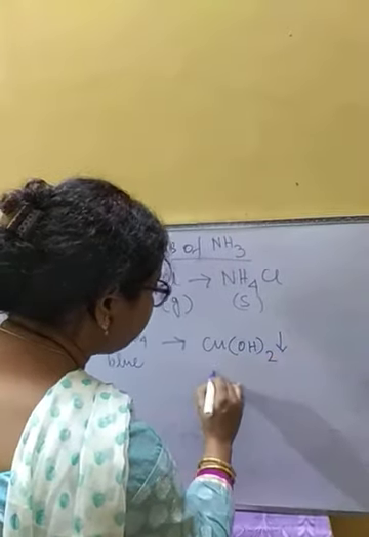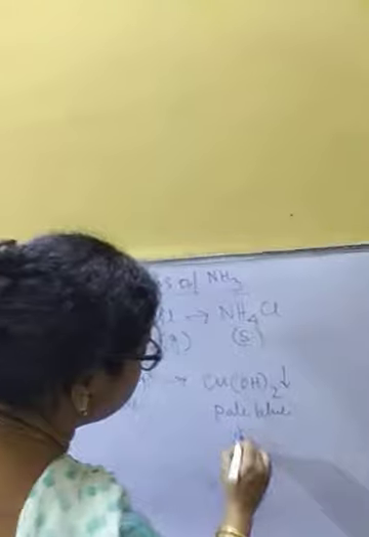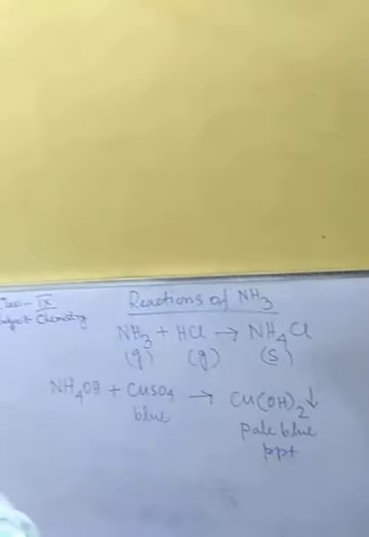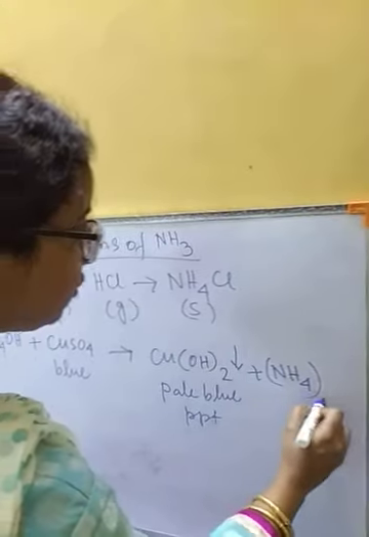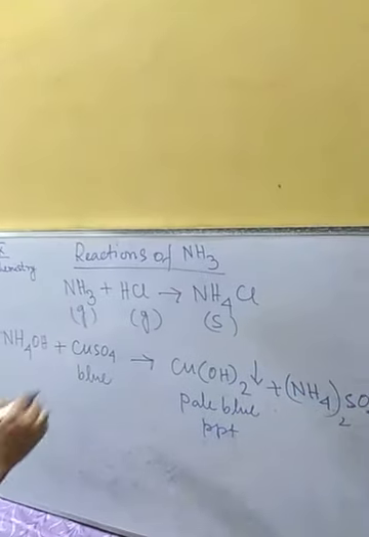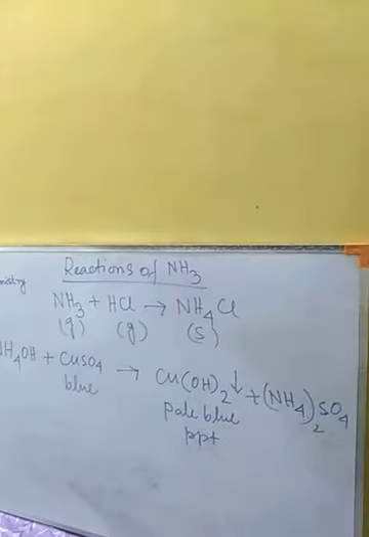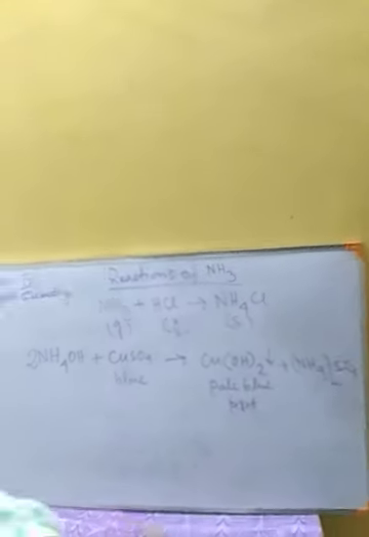This is a pale blue precipitation of copper hydroxide, along with ammonium sulfate. Now to balance this reaction, we need 2 ammonium hydroxide. So this is the reaction.